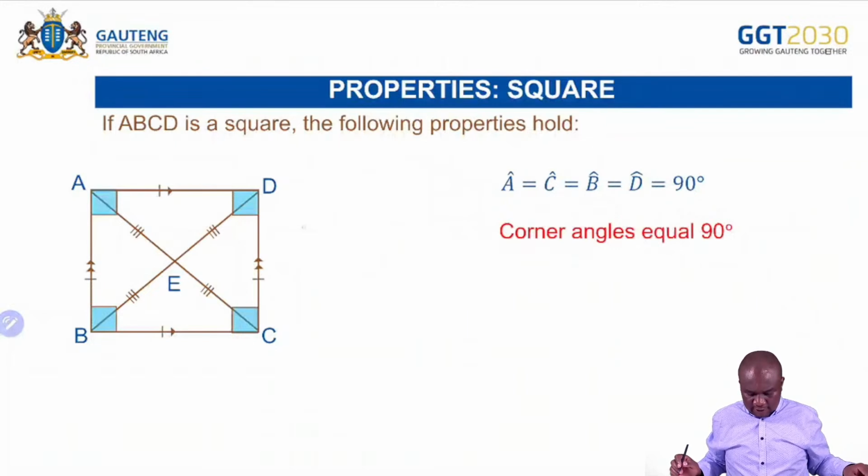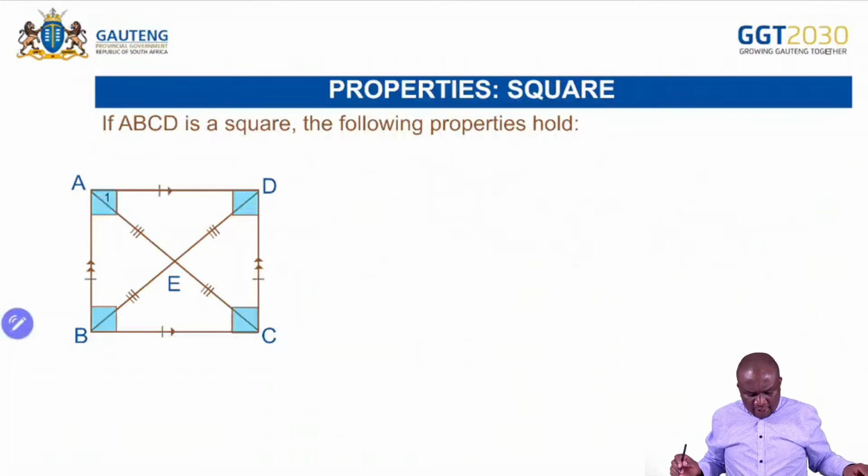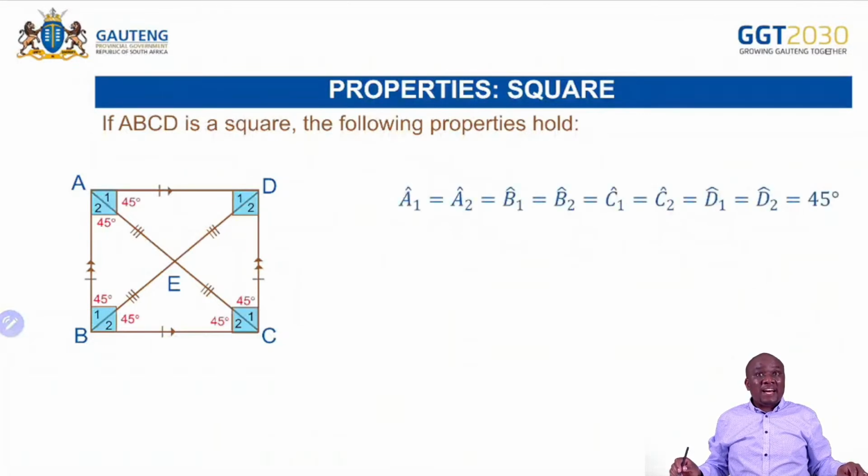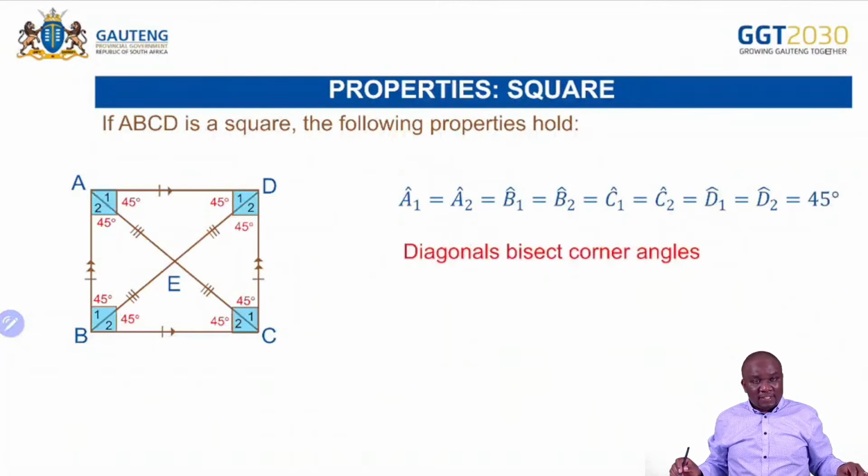And then we say corner angles are 90 degrees and the diagonals bisect the corner angles. So meaning that these angles, A1, A2, B1, B2, C1, C2, D1, D2, each angle there is equal to 45 degrees because the diagonals bisect corner angles and the corner angles are 90 degrees. So if you divide 90 into two equal parts, it's 45, 45.